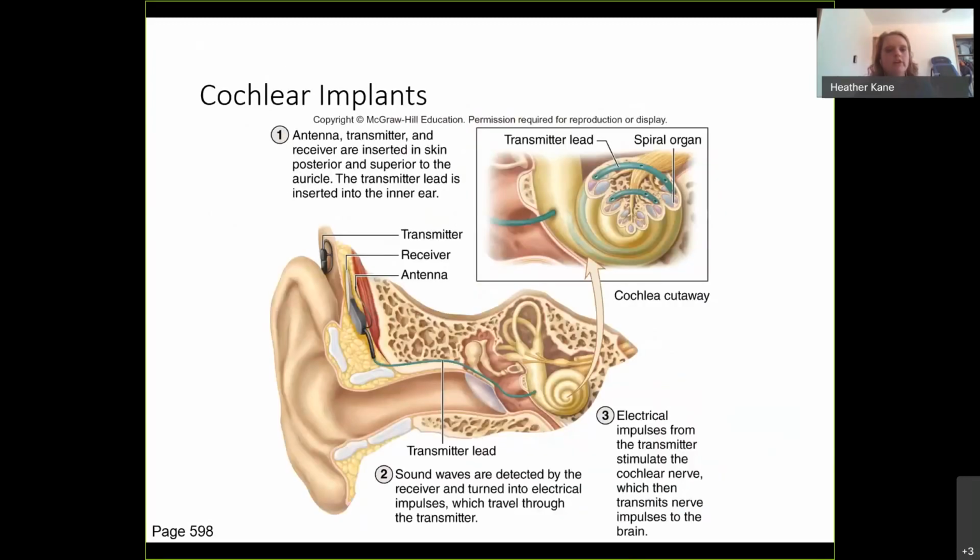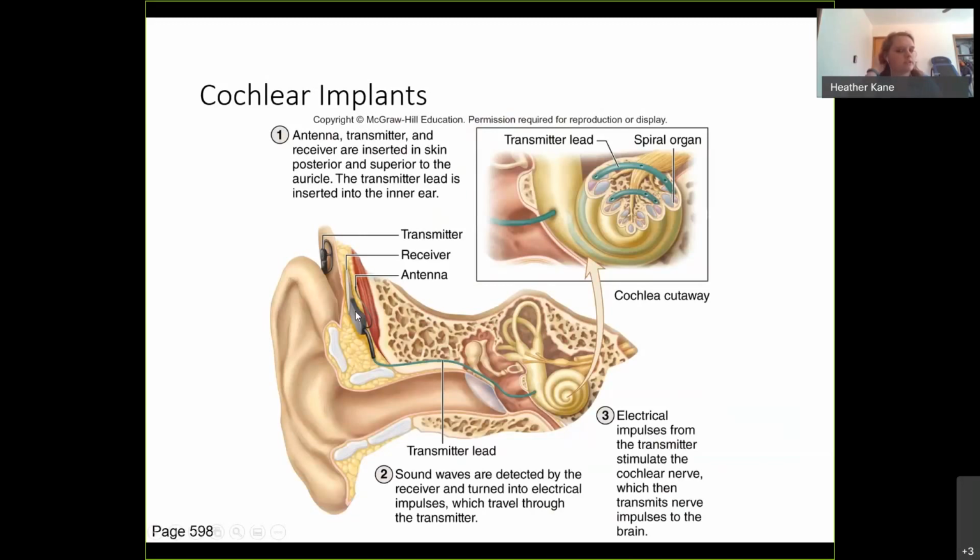Okay, so cochlear implants. These implants are going to enable a lot of deaf individuals to be able to hear. Basically what happens is we have this transmitter that is going to be in your skull. And then we have a receiver and an antenna that's going to be located within your skin.